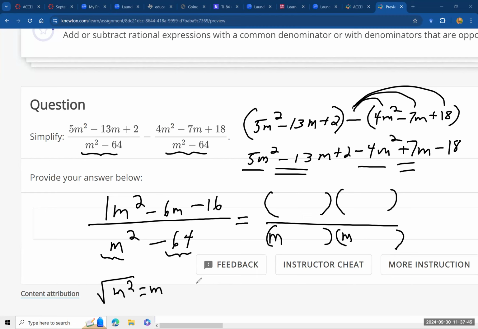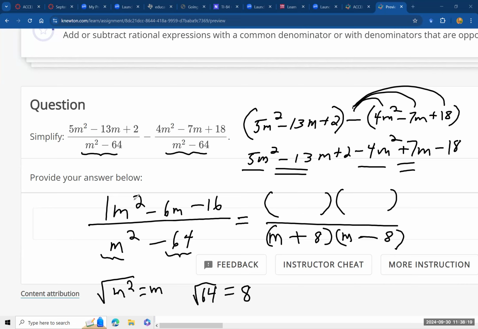And then I have to take 64 and find its square root, that's 8. But when they have a minus, in other words, a difference of squares, I'm going to end up with a plus and a minus. Those are called conjugates.